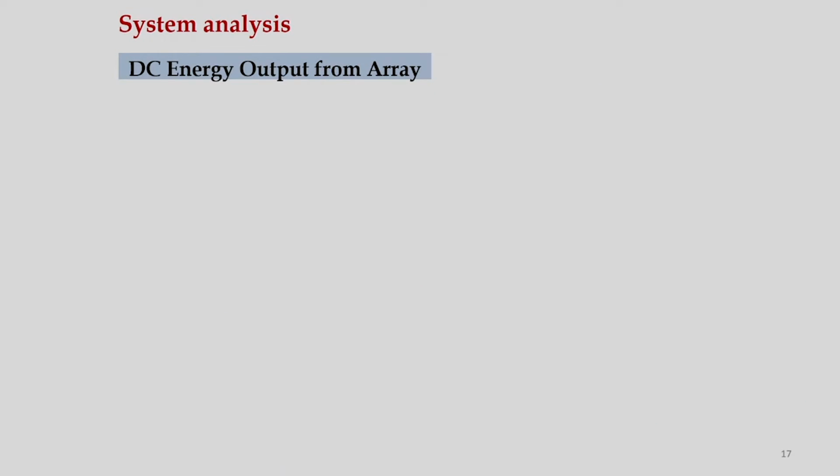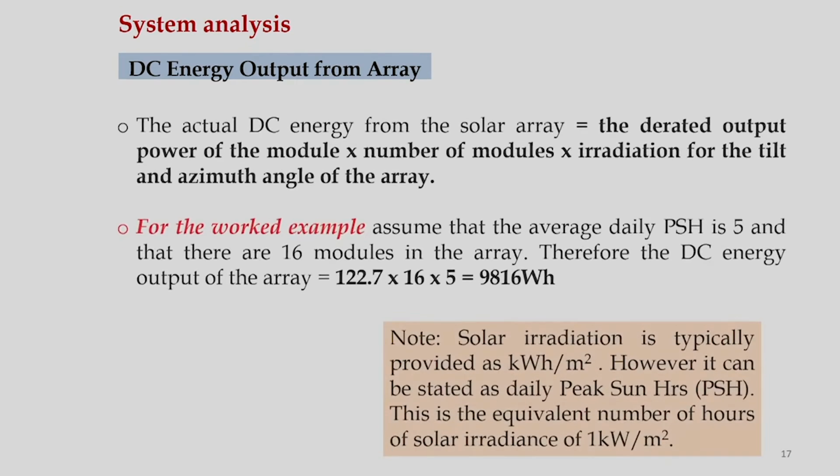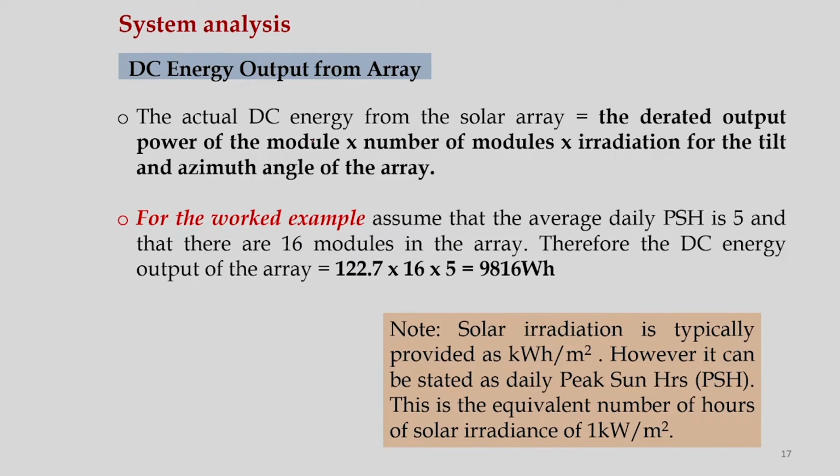Now we will move to the DC energy output from the array. The actual DC energy from the solar array is equal to the derated output power of the module, multiplied by the number of modules, then multiplied by the irradiation for the tilt and azimuth angle of the array.